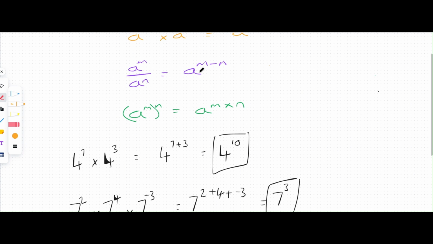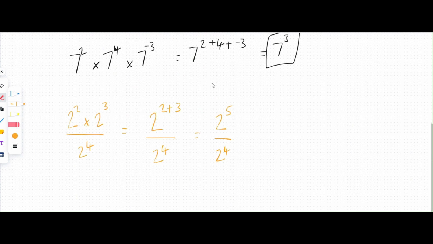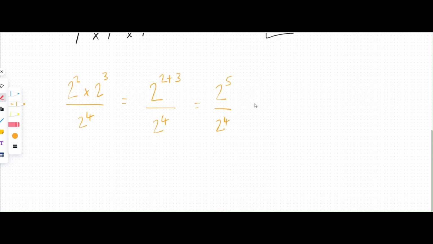So we'll just take them away: m take away n. So I'm going to go 2, 5 take away 4 gives me 2 to the power 1, which equals 2. If you work this out on a calculator, you should get 2.